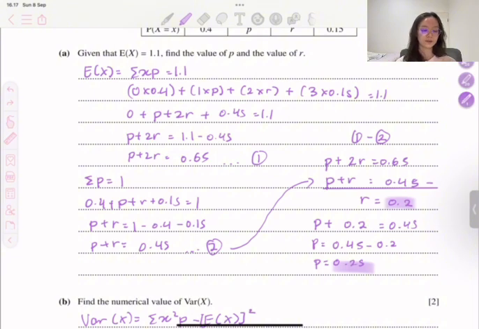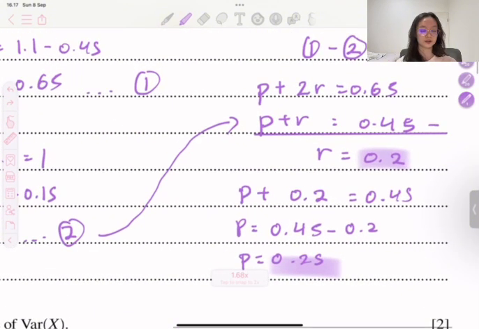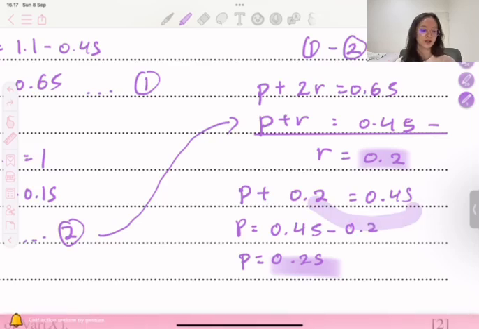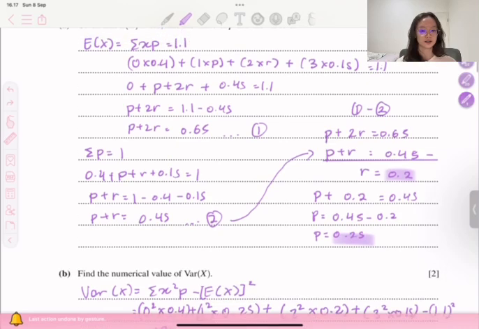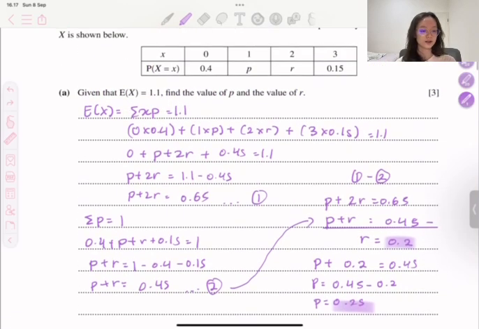We can find p by subtracting 0.2 from 0.45, as we have moved the 0.2 to the other side, so it will be negative. So now we know that p equals 0.25. So here are the 2 answers: the value of p is 0.25 and the value of r is 0.2.